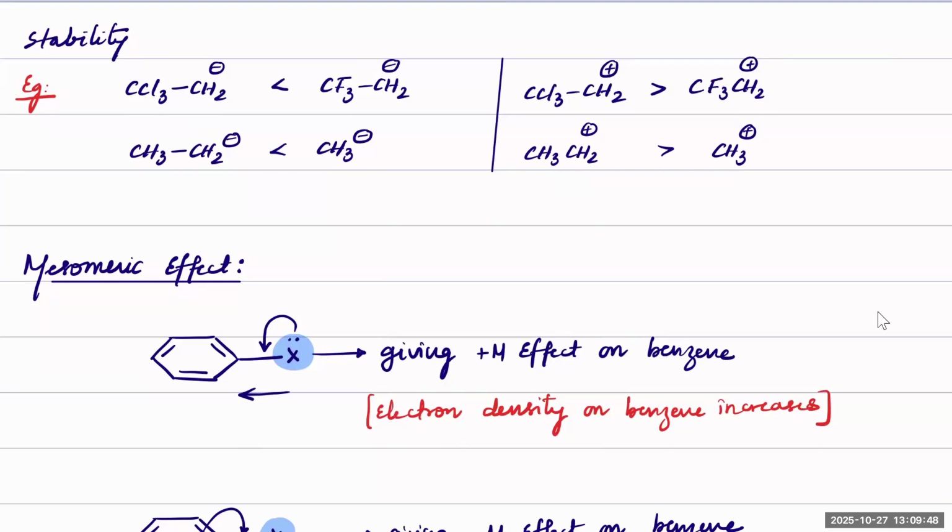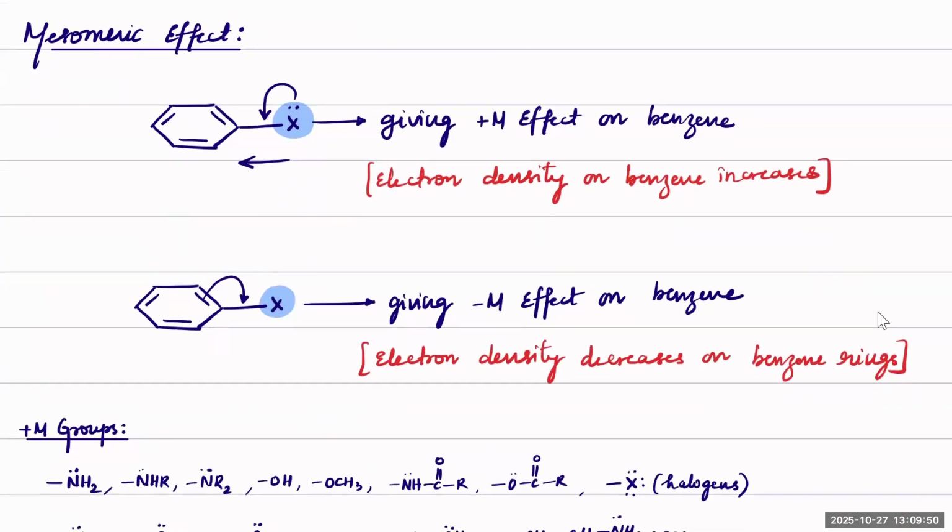Now, this is about the inductive effect cases. Next is the mesomeric effect, wherein if you have any group around benzene, if it carries a lone pair, it will always donate electrons to benzene. That is called the plus M effect, and it will try to increase the electron density on benzene.